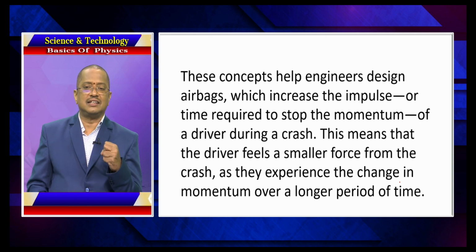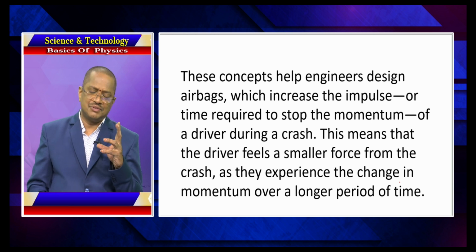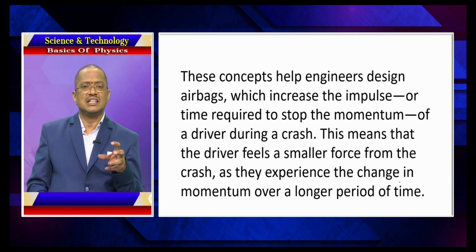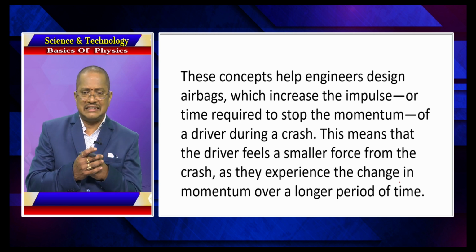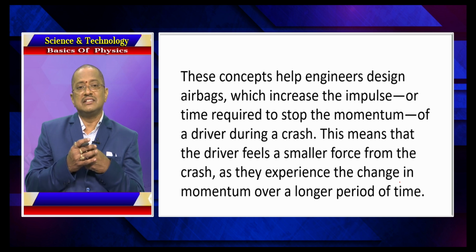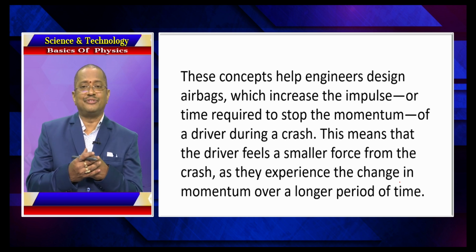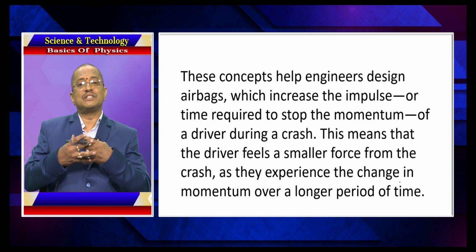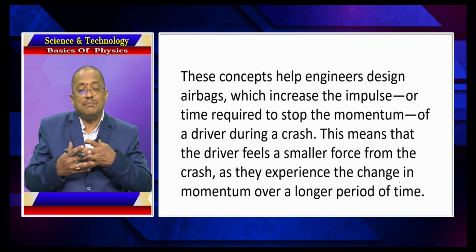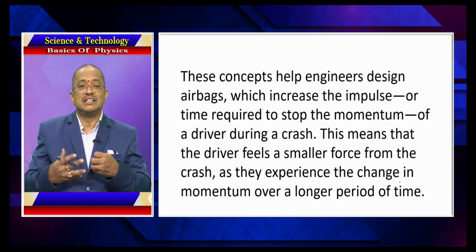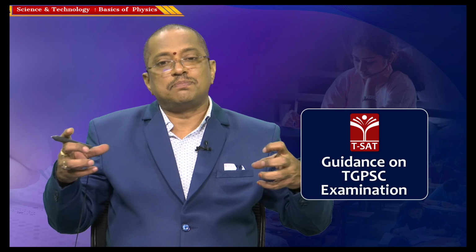Recently, all cars come with airbags. I understand why automobile engineers design these cars with airbags. What is the reason? When an accident happens, when the car comes under a crash, because of impulse these airbags will open. When airbags open, the crush time will be expanded.